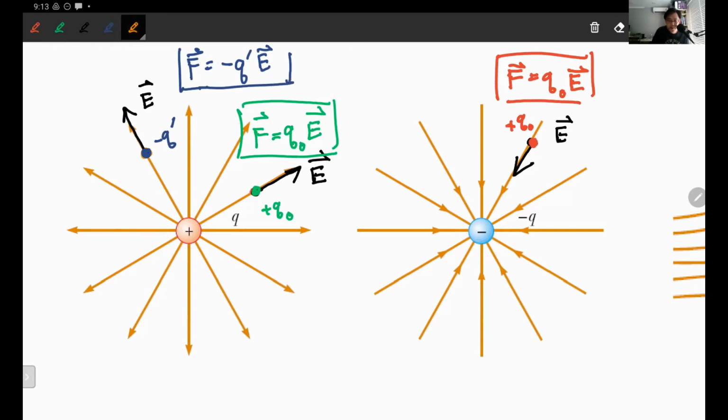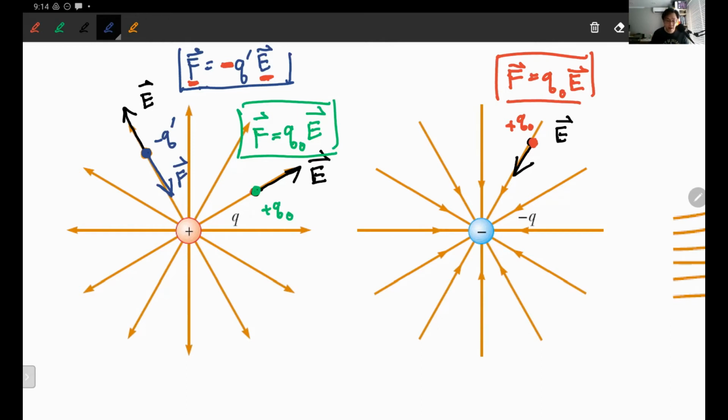So whatever the electric field is pointing to, the force will point opposite to the field because of the negative sign. Right now the electric field points outward. So the force acting on the negative Q prime will point inward. That is the force.